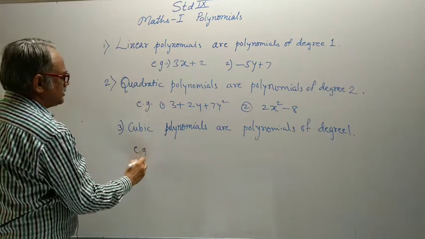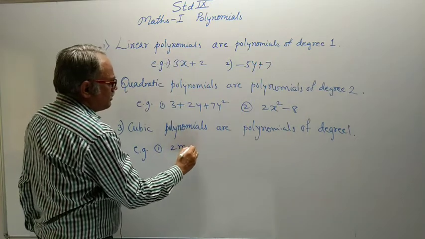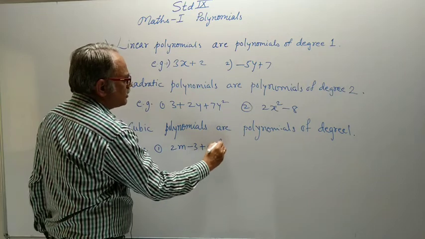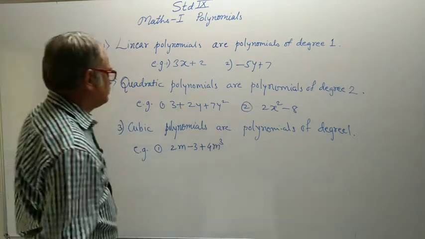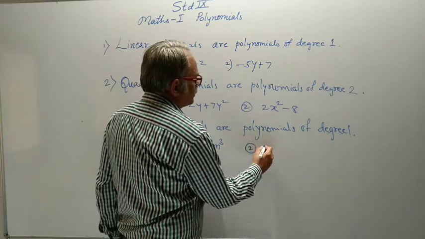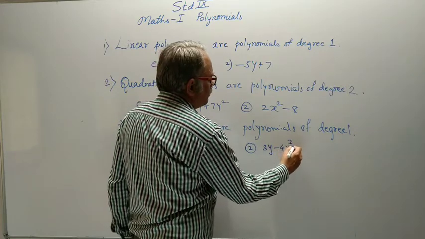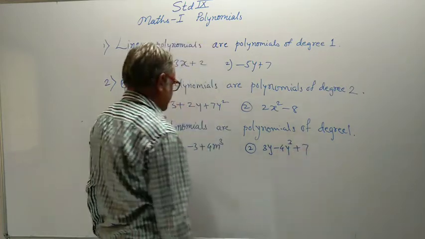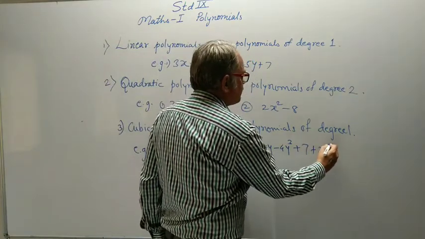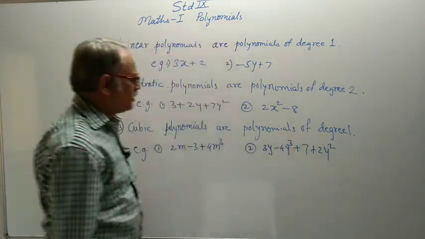For example, 2m minus 3 plus 4m cube. Cube term should be there, maximum. Second, 3y minus 4y cube plus 7 plus 2y square. What is the maximum degree? 3. Maximum degree 3 means cubic polynomial.